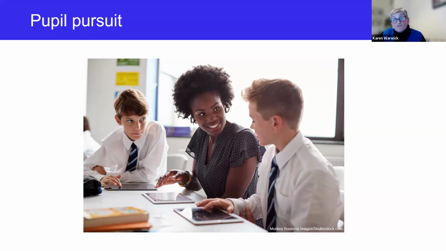So pupil pursuit is not an evaluative activity of either the pupil or the teacher, but an exercise that can help equip educators with a perspective and information needed to hopefully improve instruction, increase inclusion, and drive meaningful change in the process.